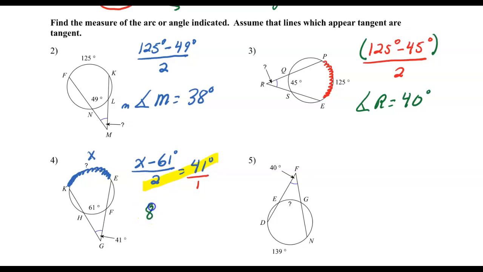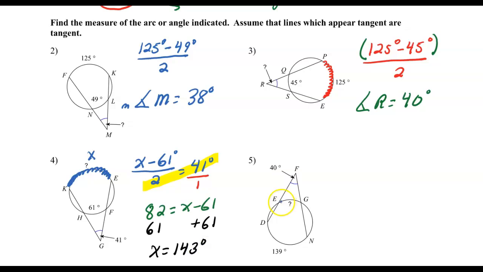When I do that, I get 82 is x minus 61. I'll add 61 to both sides. So 82 plus 61, the arc is 143 degrees.